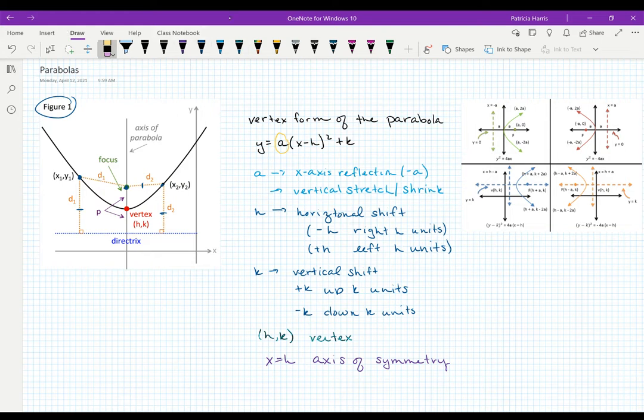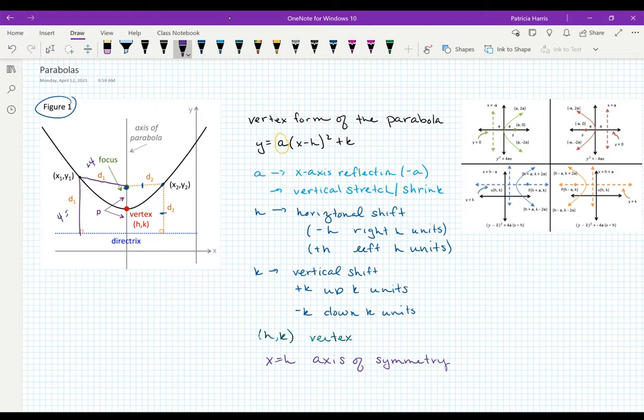Now when we talk about this new geometric definition, let's put some actual numbers in there. Let's say we choose a point on the parabola, and then we measure the distance from that point to the focus, and let's say we get 4. Then we measure perpendicularly to the line of the directrix. We're also going to get 4.